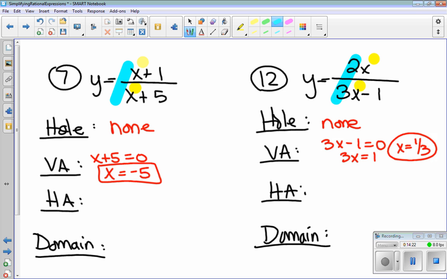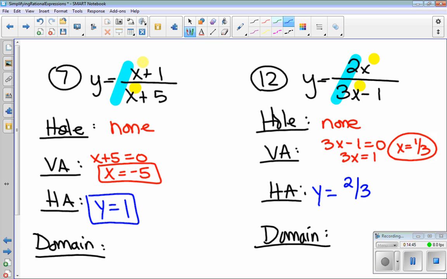So the horizontal asymptote for number 7 is y equals 1/1, so y equals 1. Number 12, the horizontal asymptote is going to be 2/3. Perfect. So again, another fraction, but we could graph it between 0 and 1 and closer to 1 this time and estimate where the horizontal asymptote is going to be.